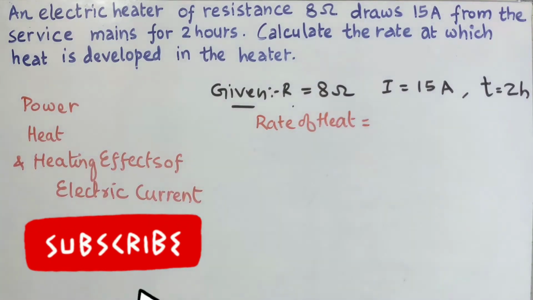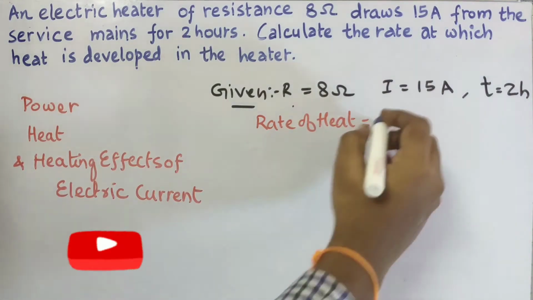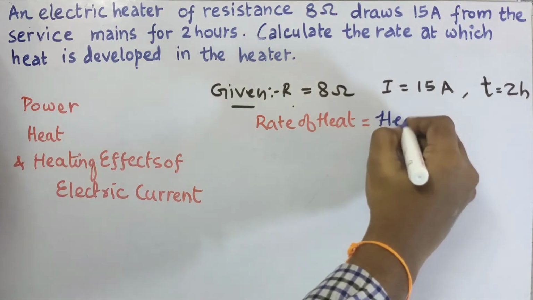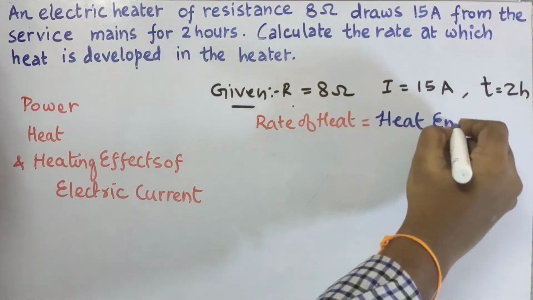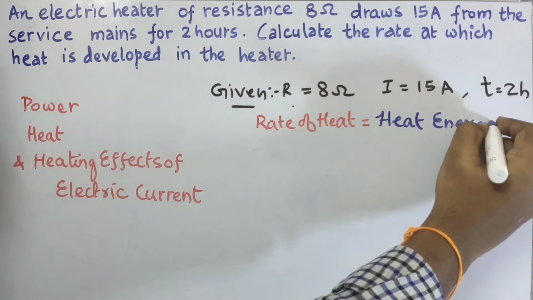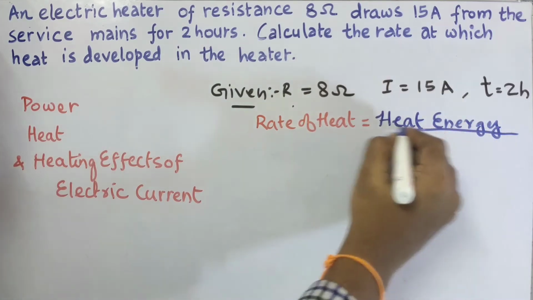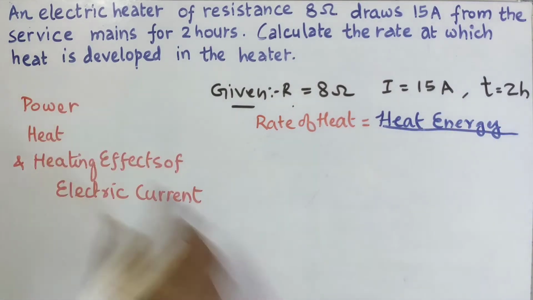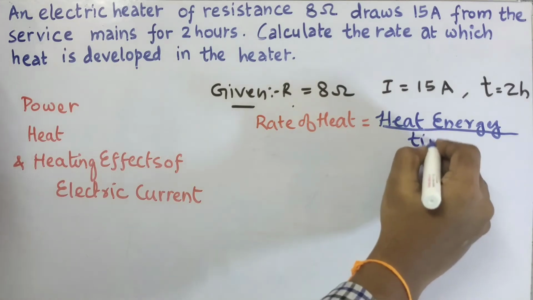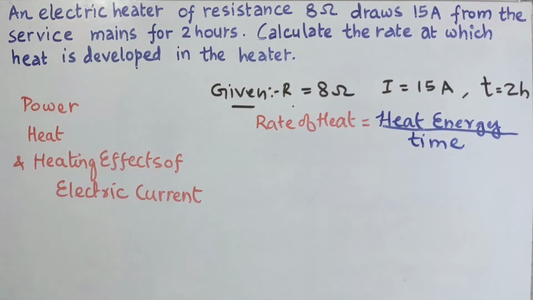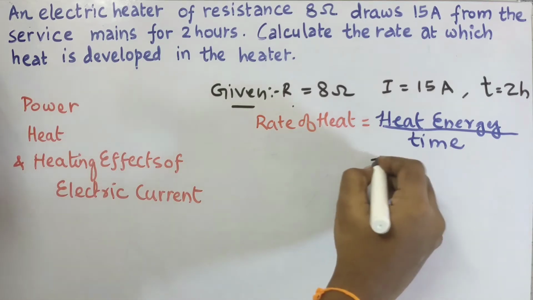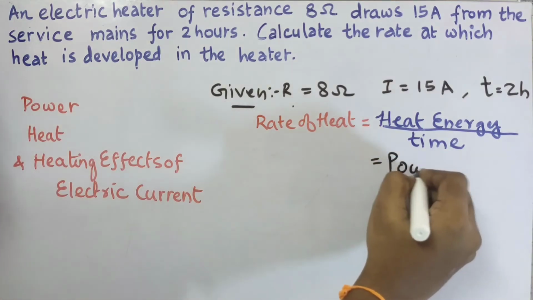So by the definition, what is the meaning of rate of heat? Rate of heat means heat energy dissipated or delivered by time taken. So energy by time taken is by definition power.